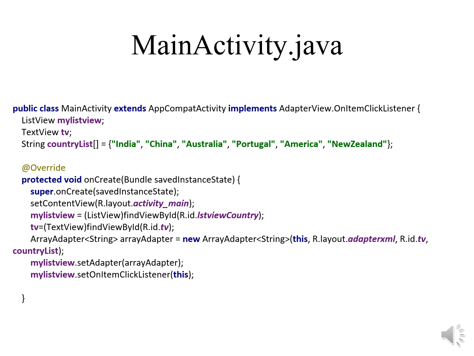Then we are combining the array adapter with the list view object, so that from the array, names of countries can be pulled out and kept on the list box. Then when you click on the list box, if you want to get a response, we have to register an on item click listener.